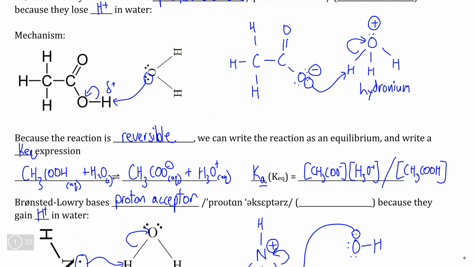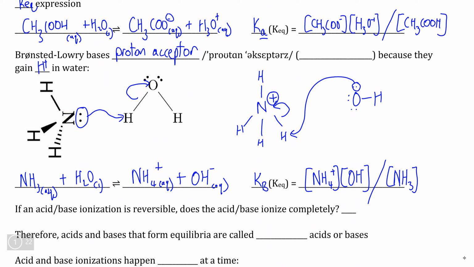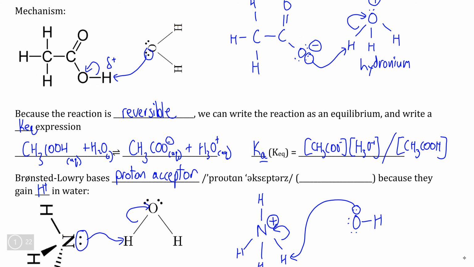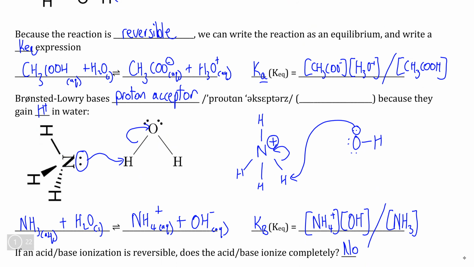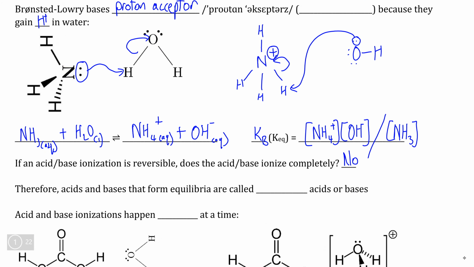Now, the most important thing to note about acid-base equilibrium reactions is that, because these reactions are reversible, the acid or base in the ionization does not ionize completely. What that means is that 100% of the ammonia or 100% of the acetic acid is not going to react with water, because some of it is going to undergo the reverse reaction and turn back into the reactants.